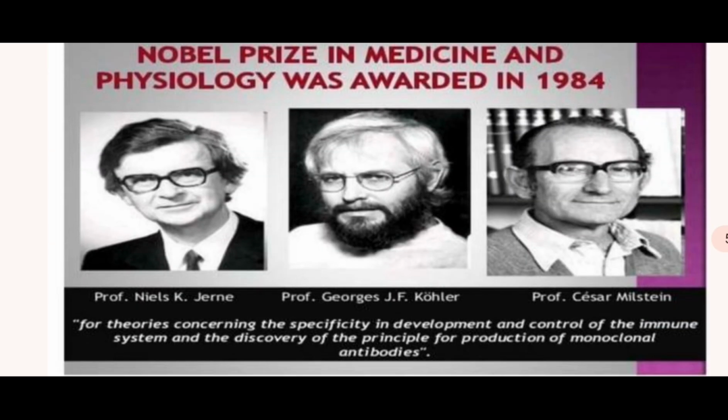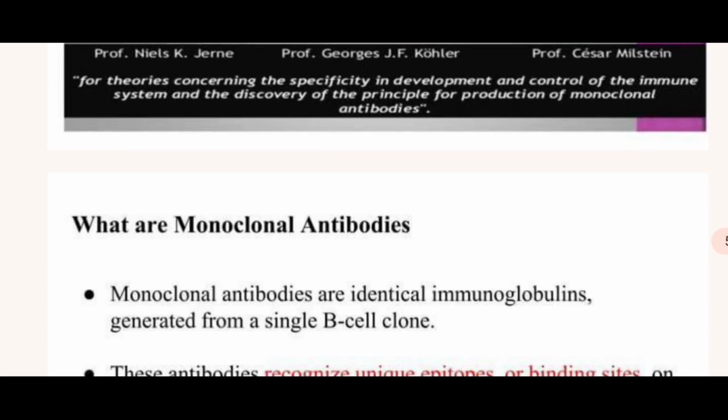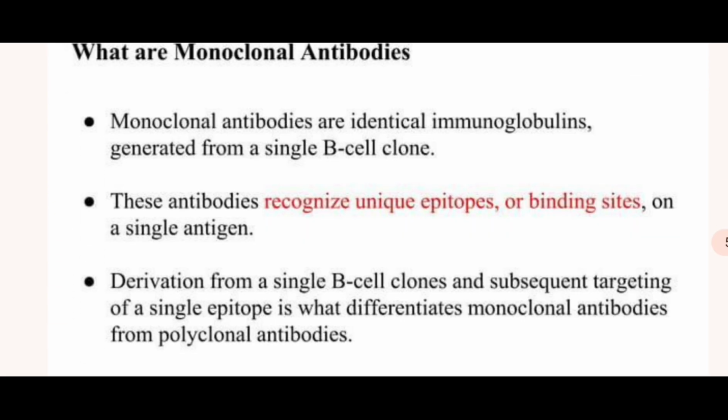The Nobel Prize in Medicine basically went to Professor Niels Jerne, Professor Georges Köhler, and Professor César Milstein for theories concerning the specificity in development and control of the immune system, and the discovery of the principle for production of monoclonal antibodies. Now, what are monoclonal antibodies?